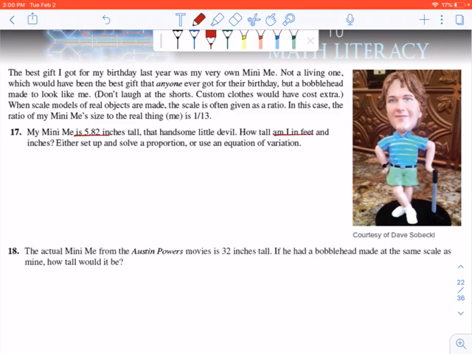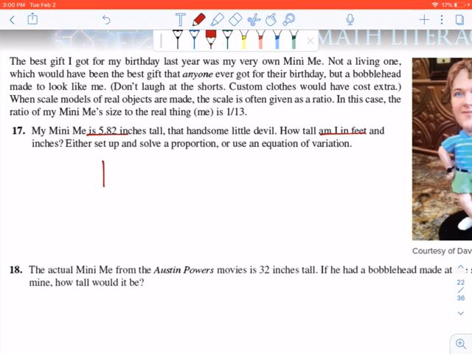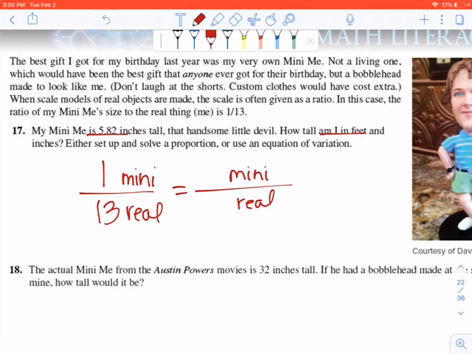So this one I think might be easier to set up a proportion, but you can also set up an equation here because I'm going to look at this ratio, 1/13. It says mini-me to real. So I'm going to say mini to real is 1/13. I'm going to set that equal to mini over real again to figure out what's the real height. That's what I'm trying to find. It gives me the mini-me is 5.82, and that's in inches.